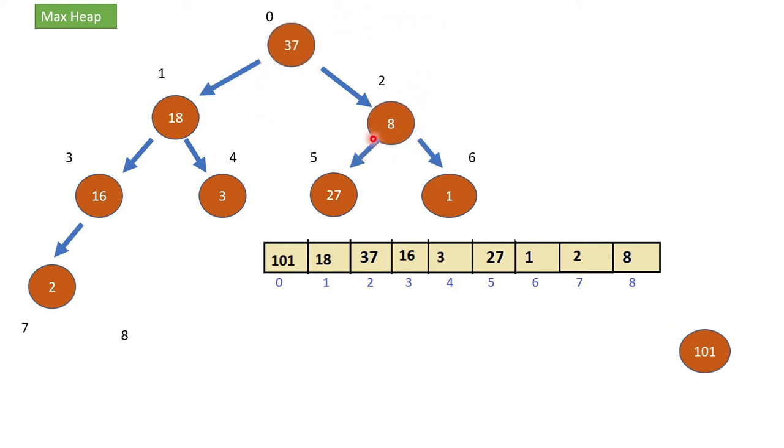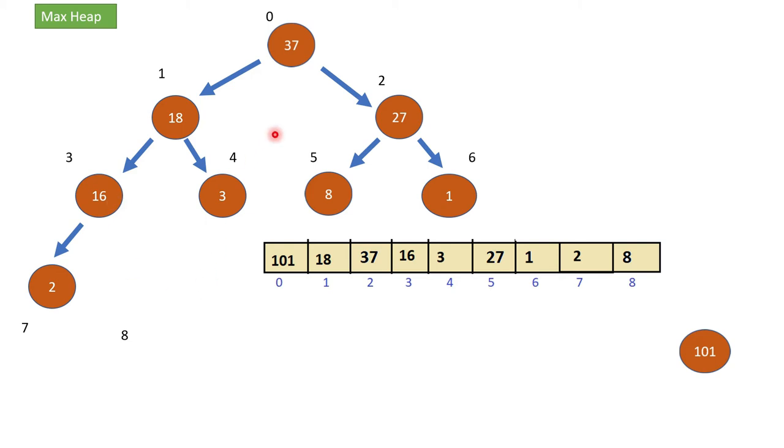And again here, between 27 and 1, 27 is greater than 1 and obviously greater than 8 also, so we swap between these two. Now the shifted value 8 is placed in its proper position, and it's a max heap again.